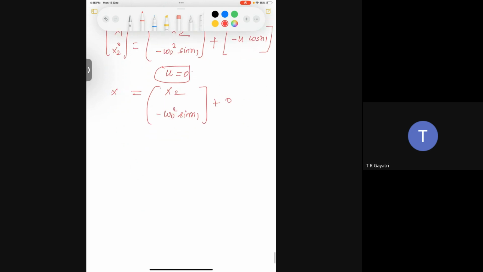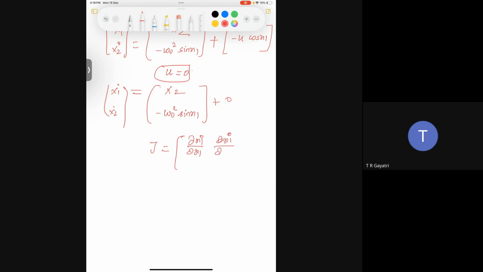How do we find the Jacobian? J is equal to the matrix of dou x1 dot by dou x1, dou x1 dot by dou x2, dou x2 dot by dou x1, dou x2 dot by dou x2.